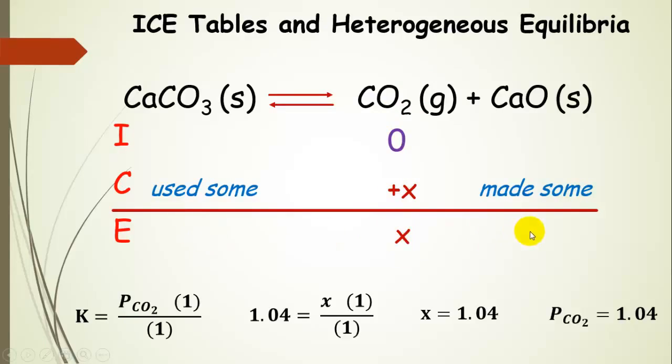And again, these two are just going to be 1, so I've left those blank. So we plug in X for the partial pressure of carbon dioxide, and the equilibrium constant is equal to 1.04. So that just means that X is equal to 1.04. And it also means that the partial pressure for carbon dioxide at equilibrium is 1.04 atmosphere.